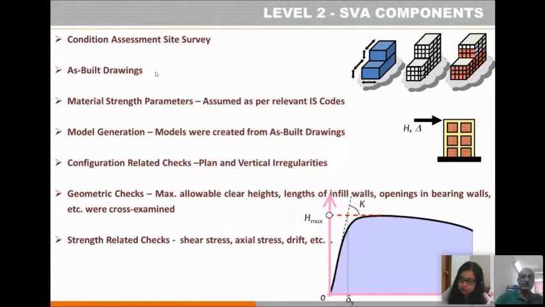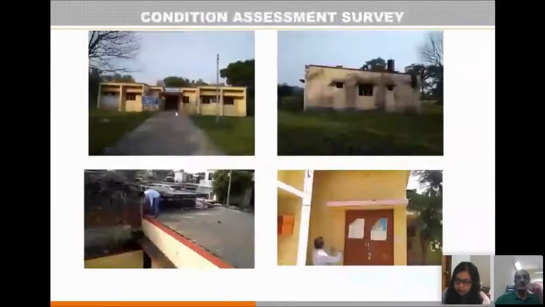Then, based on the data given in the drawings, the visual observations and the as-built drawing, generate the model with the respective loading and configuration, and carry out different kinds of analysis, primarily linear static analysis, non-linear dynamic analysis or linear dynamic analysis, depending upon the structural system, and carry out different checks. Mainly the checks consider configuration related checks, geometrical checks, and strength related checks. In the strength related check, we need to focus on shear stress, axial stress, and drift and deformability. Interstory drift is more important.